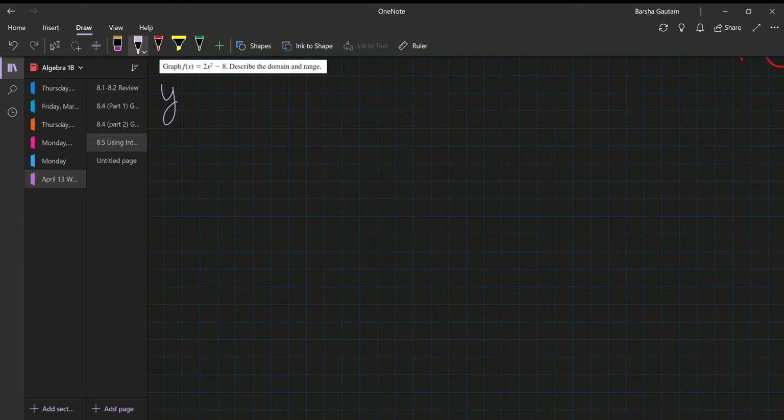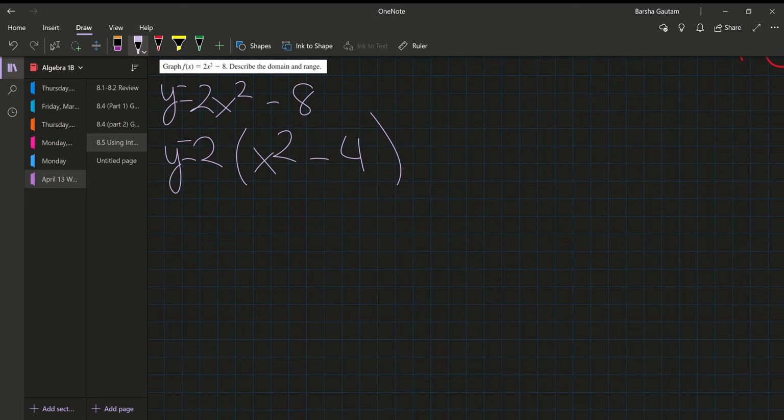So we have y is equal to 2x squared minus 8. So we can pull this 2 out in the front. And we're left with x squared minus 4. And then we can go ahead and factor this. When we factor it, we get x plus 2 and x minus 2.